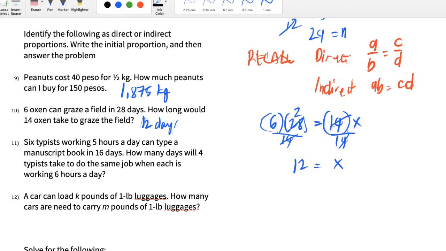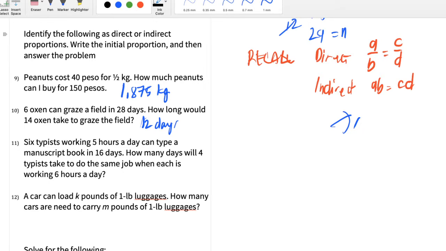day? Okay, so dito, meron tayong, ano ba yan? Okay. 6 typists working 5 hours a day. So, syempre, pag mas marami, mas iikli ang number of days mo. Okay?